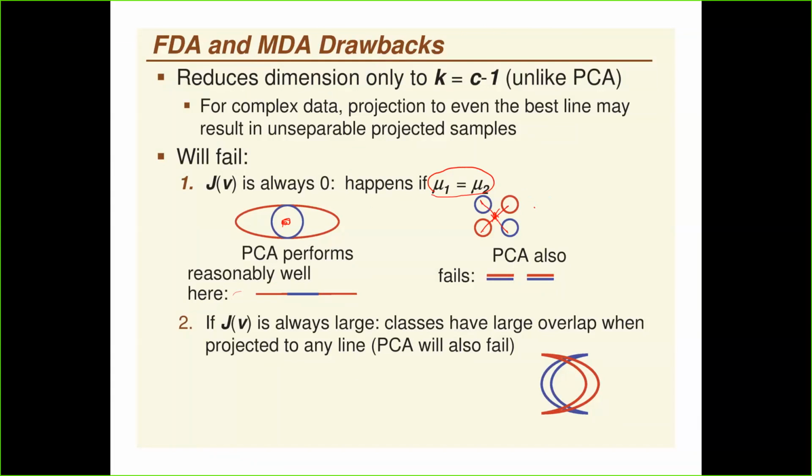This mean and this mean are the same, right? So here also it will fail. Even PCA fails in this case. The second case when LDA fails is when J of V is always larger. This is the mean, this is the mean, and it is always larger, whatever direction you choose. In this case also LDA fails, and even PCA fails.